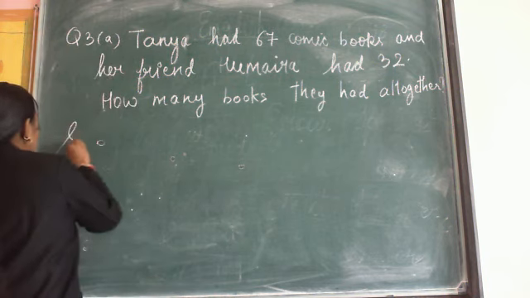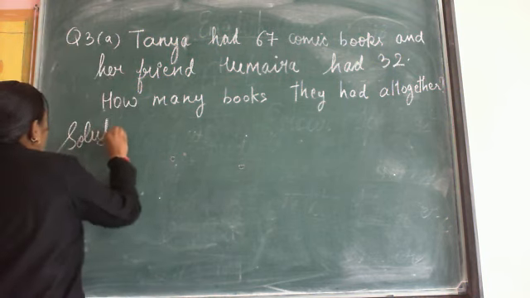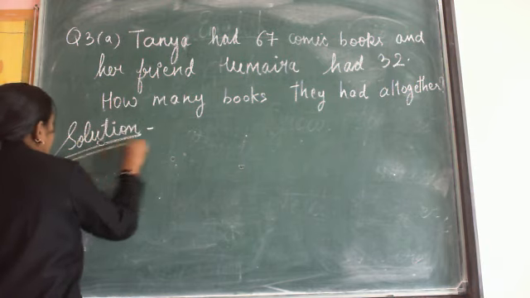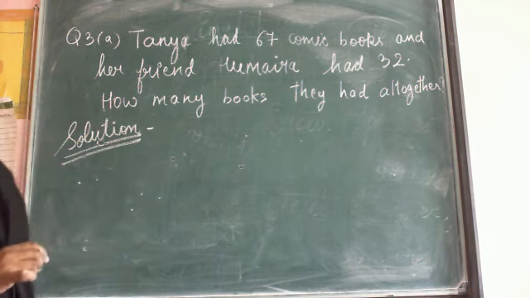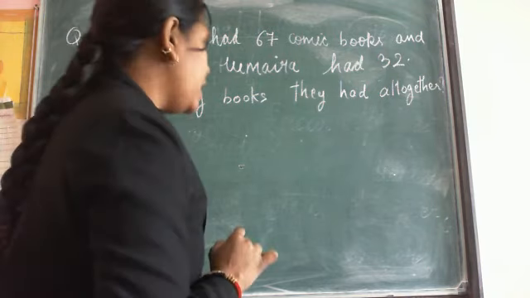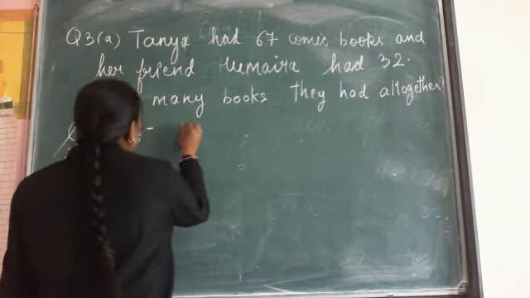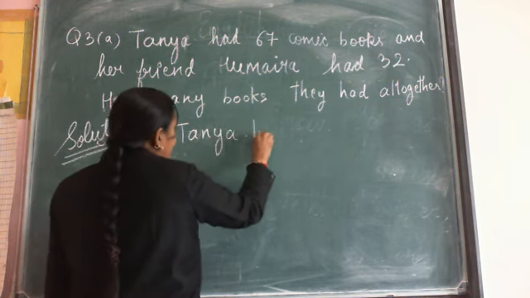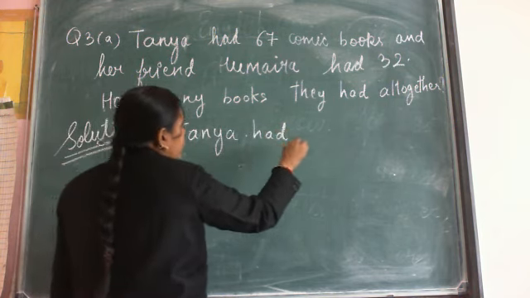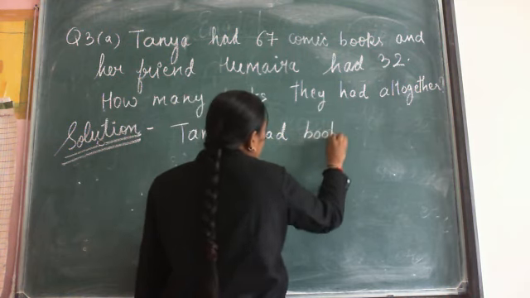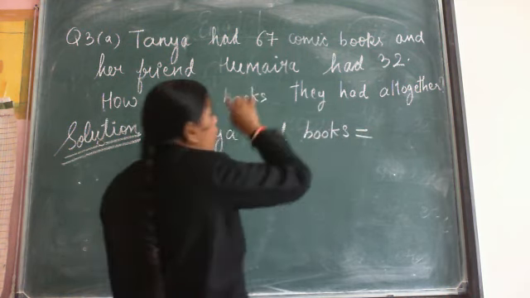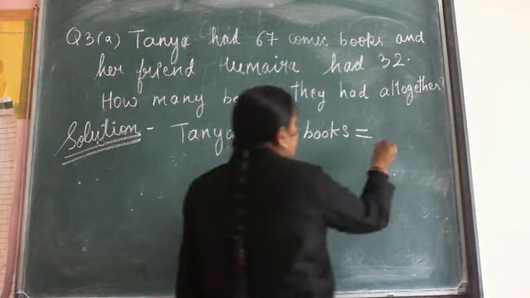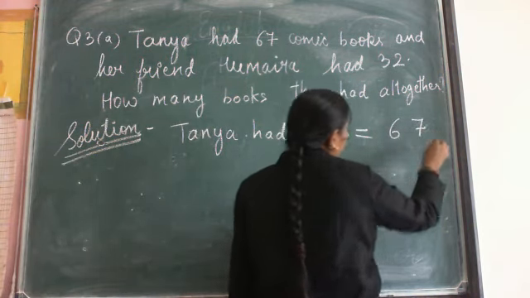First write the solution. What will we write first? How many books Tanya had. Write Tanya had books. How many books did Tanya have? She had 67, so write here 67.